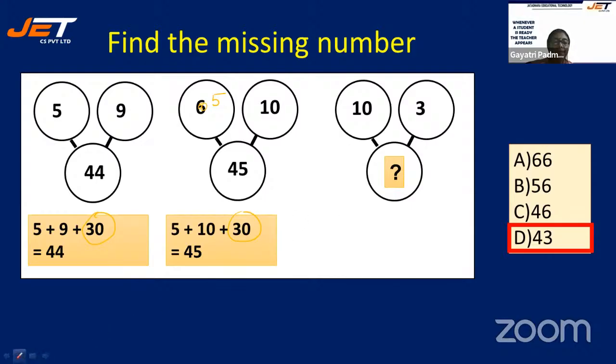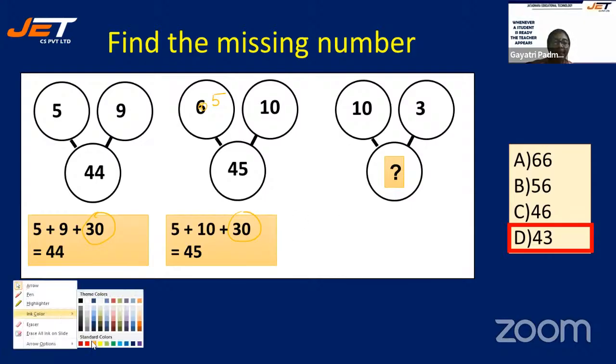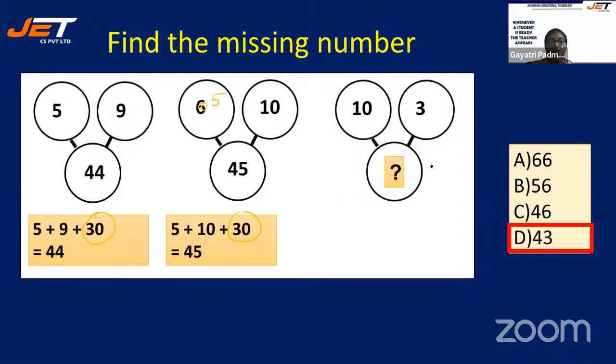So now what should be for the next one? See here. It should be 10. How 10? Because here you are taking 5, you are taking 5. Similarly, I am taking 10 plus this number. So I will take 3 plus I will add 30, because 30 you have added totally.